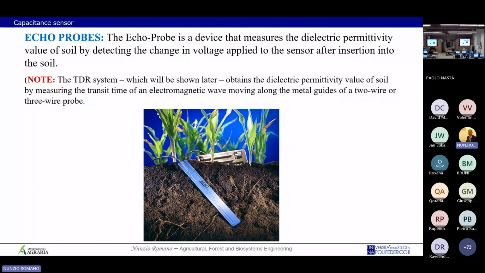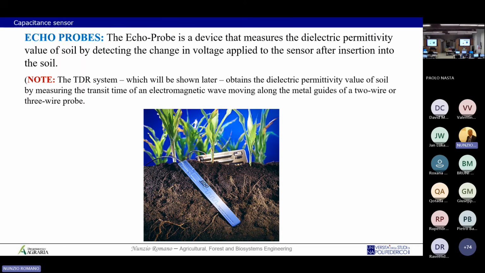Another example of capacitance probe is the EcoProbe. Again, the principle is always the same, because you put this into the soil.